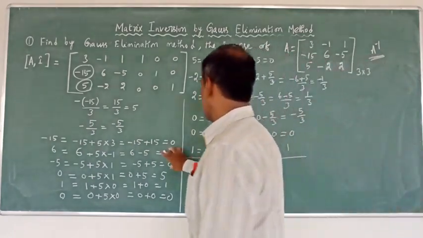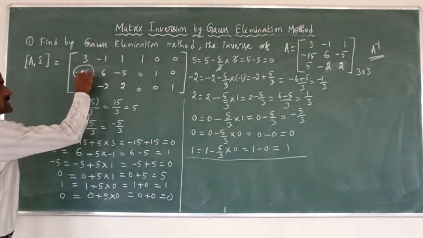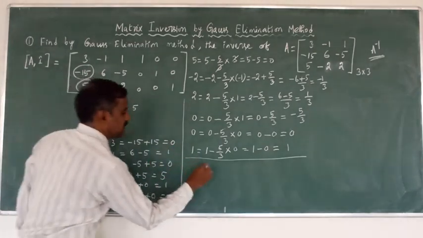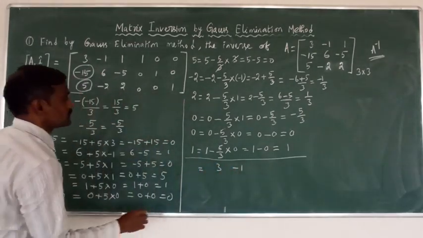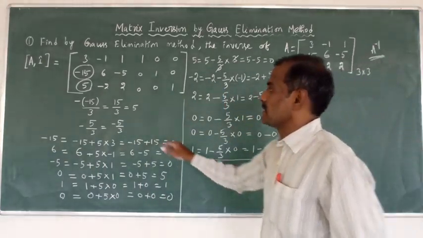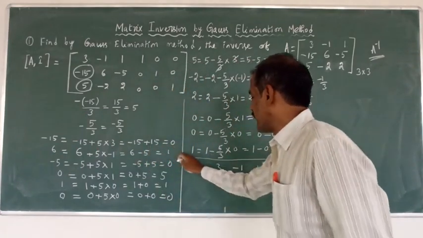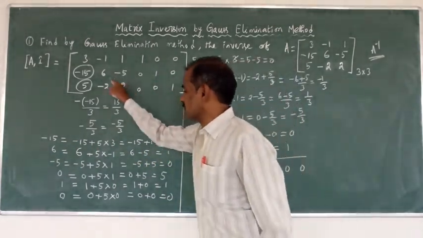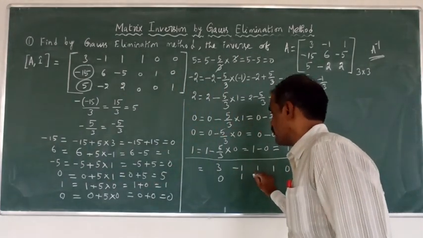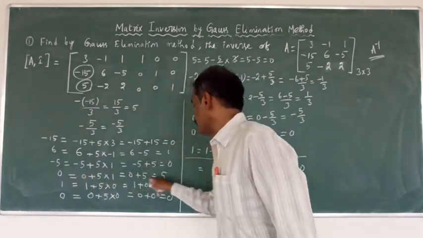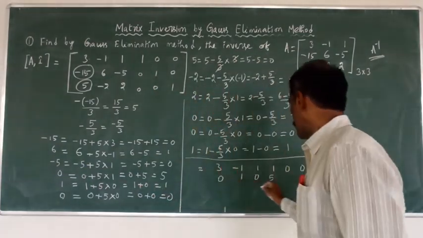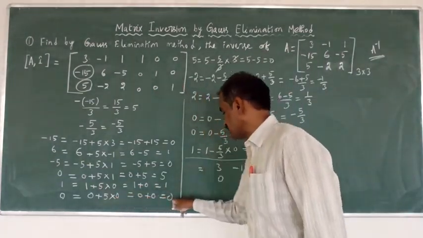Now all these values substitute here. Instead of this one, you can substitute this value. This is for 3 minus 1 0 0. Instead of minus 15 value 0, and 6 value 1, minus 5 value 0, value 5 and 1 value 1, 0 value 0.